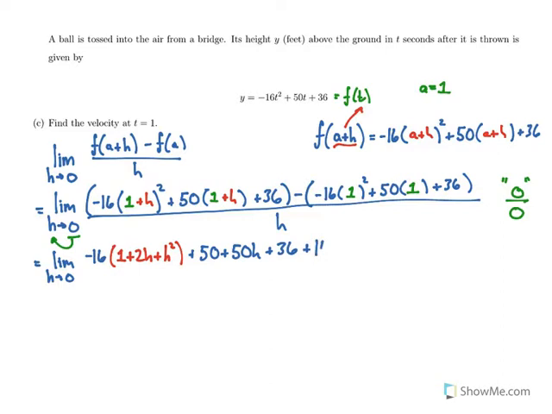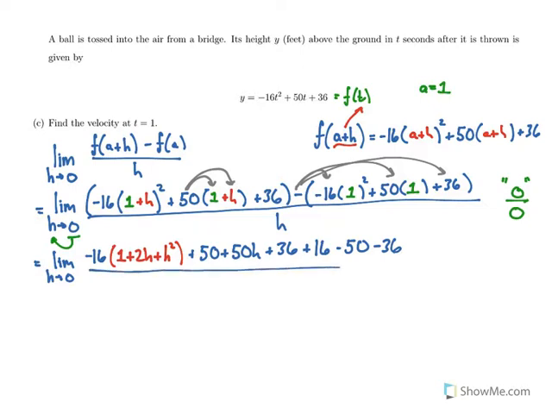You will write plus 16 minus 50 minus 36. Remember, we need to distribute this negative to each term. Also note that we are distributing the 50 to each term, and we're expanding out the 1 plus h squared. And all of this is over h. One more bit of simplification, and then we can really get going. Let's distribute that negative 16 into each term.